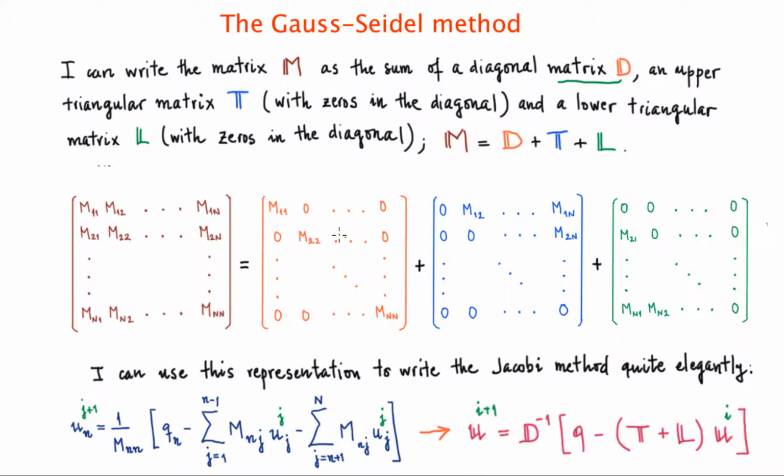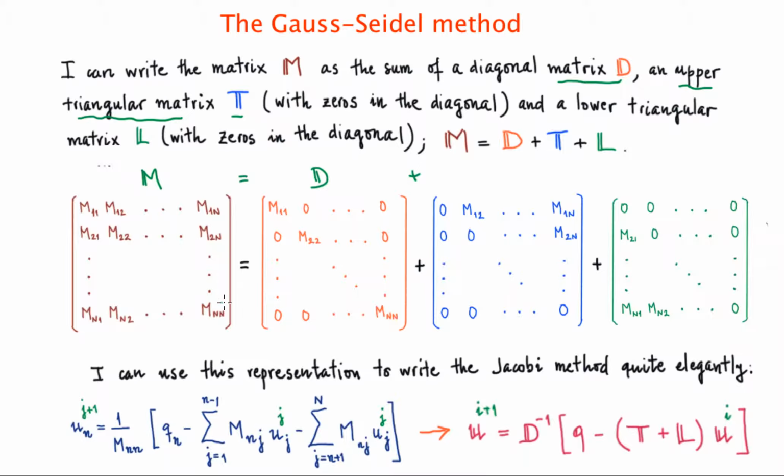These are the ones, and all the rest of the elements are 0. So this is the diagonal matrix, D, plus some upper triangular matrix we are going to call T, which has elements just above the diagonal, with zeros in the diagonal.